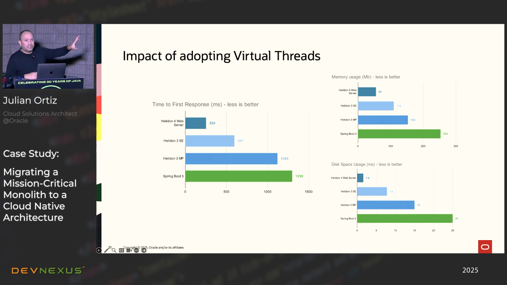In these graphs, if you can see, less is better. It doesn't mean that the longer bar is better. It's the opposite. So first response time is 253 milliseconds compared to other ones. Same thing for memory usage, less, and for disk space usage, less. So those were the defining factors for us.